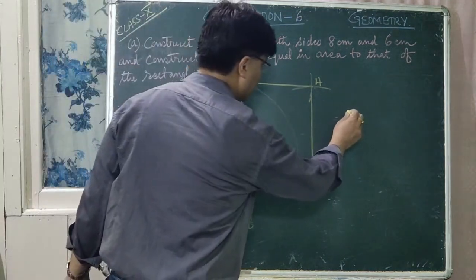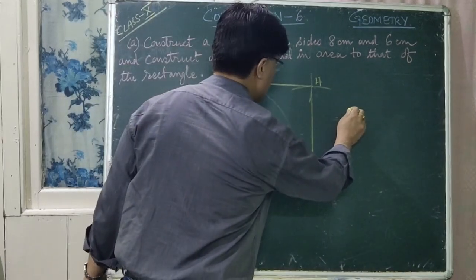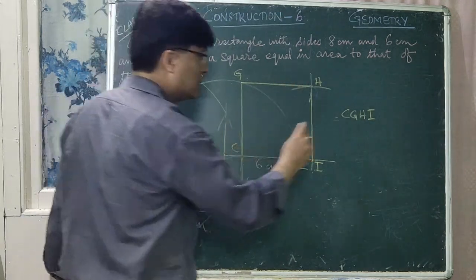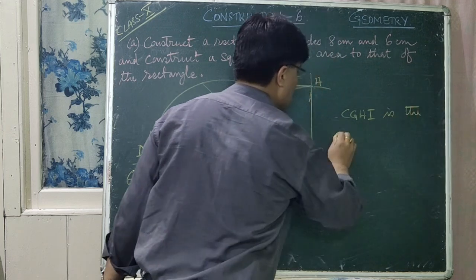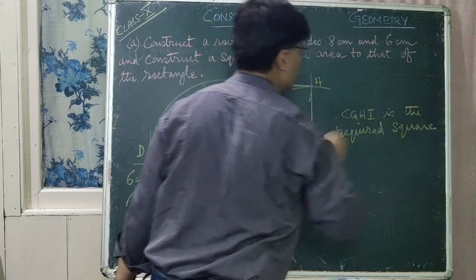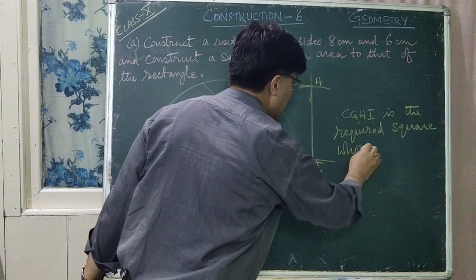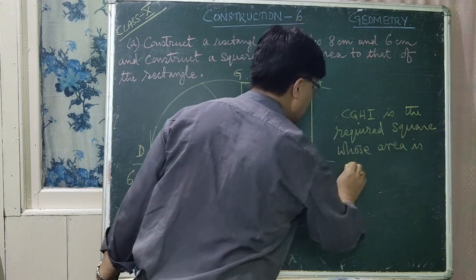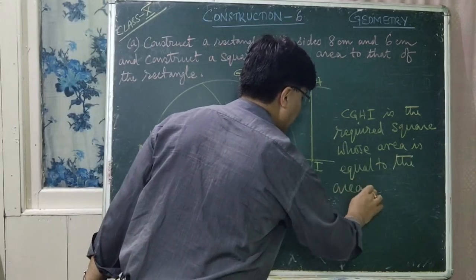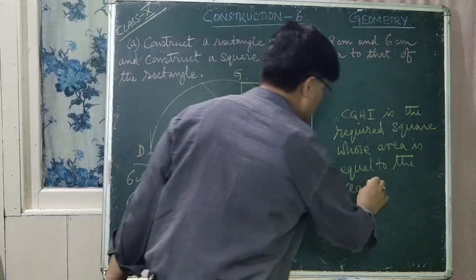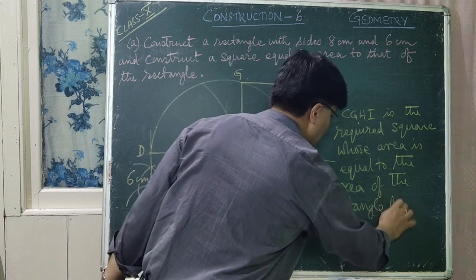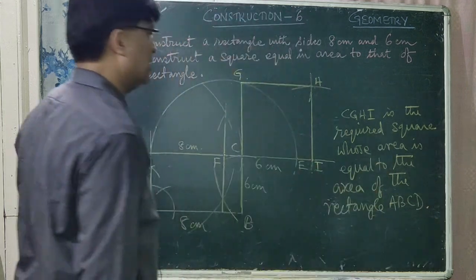So you have to write down: CGHI is the required square, whose area is equal to the area of the rectangle ABCD.